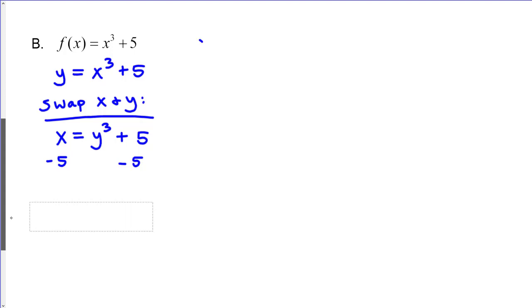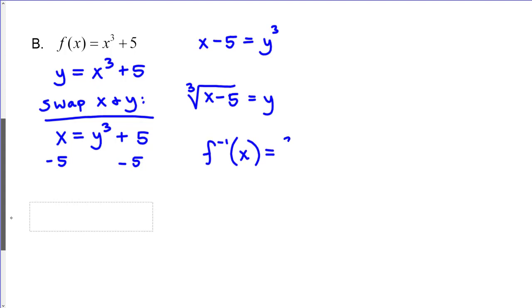So that gives me x minus 5 equals y cubed. And to get rid of that cube, I could just take the cube root of both sides. So the cube root of x minus 5 is equal to y, which tells me my inverse, f inverse of x, is the cube root of x minus 5.